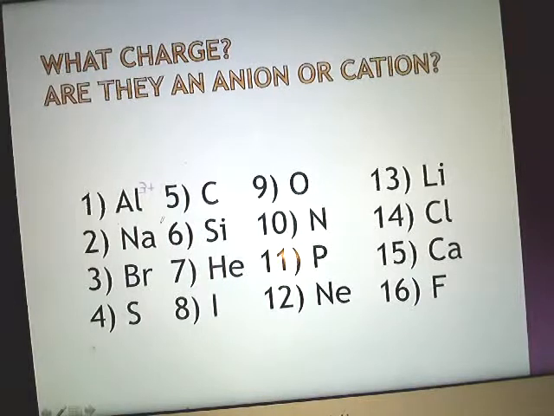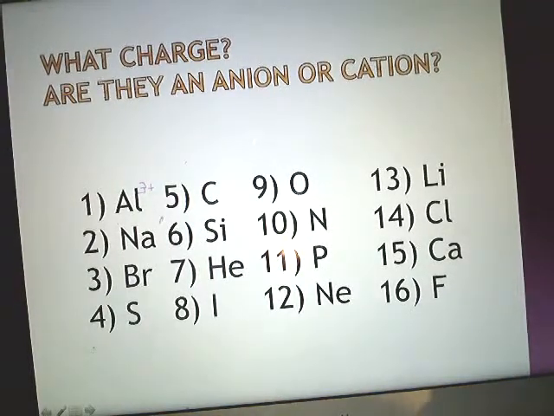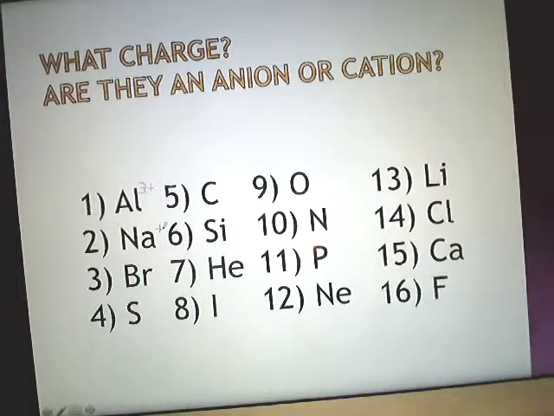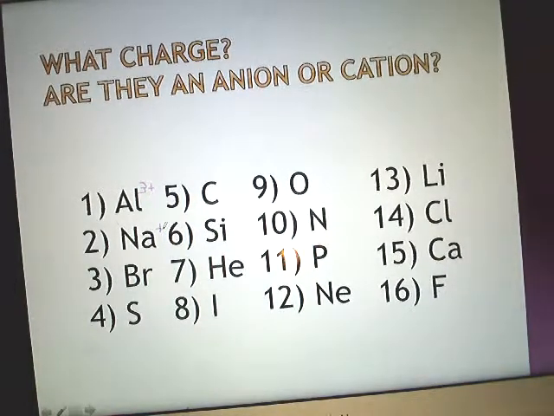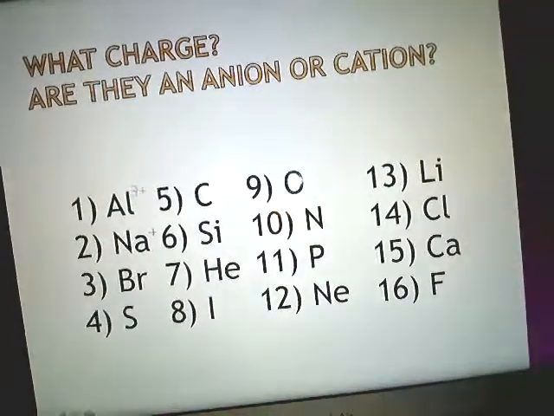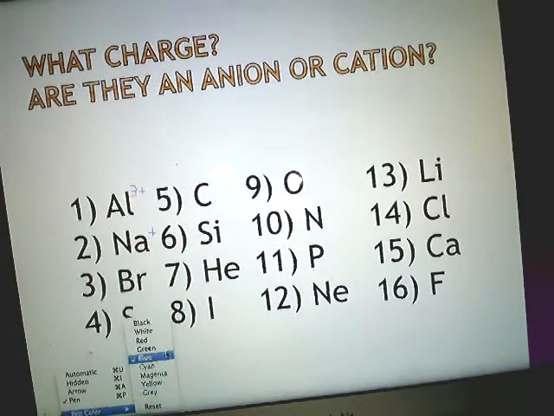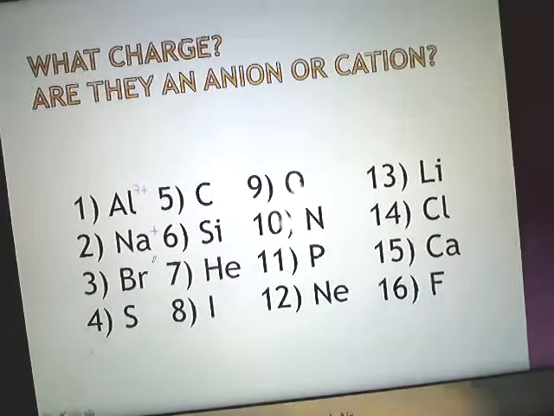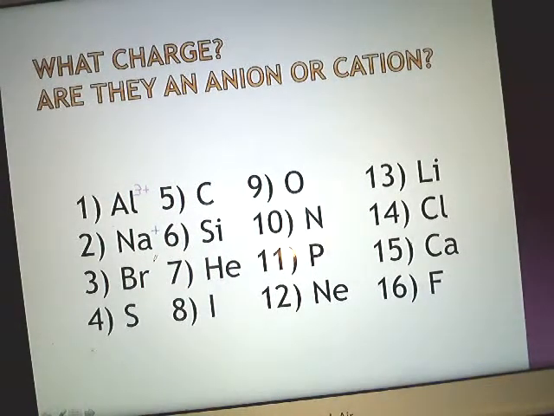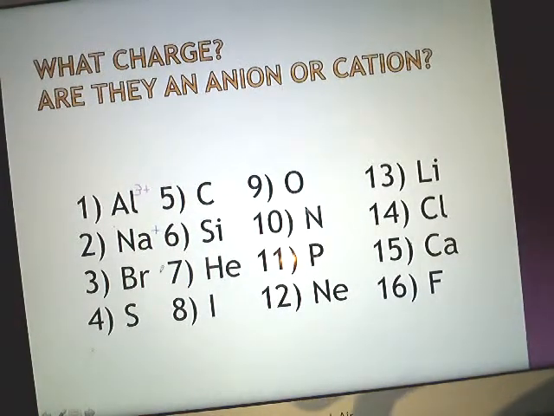Sodium has 1 electron in its outer shell. It will lose that 1 electron and become sodium plus. Bromine, let's just try and go black. Bromine has 7 electrons in its outer shell. It will gain 1 electron and become Br minus.